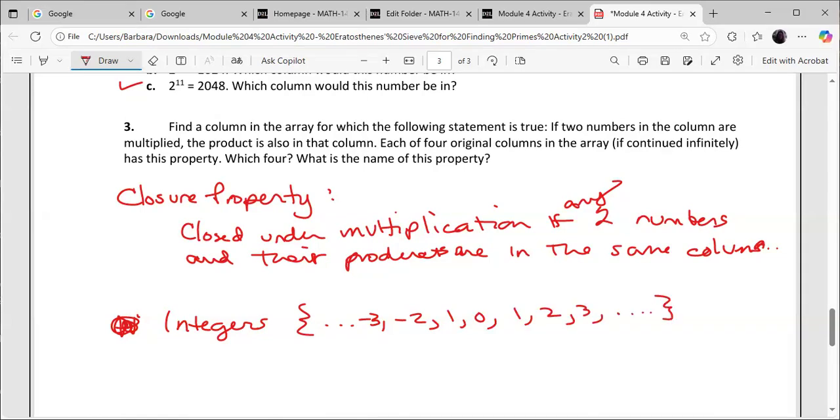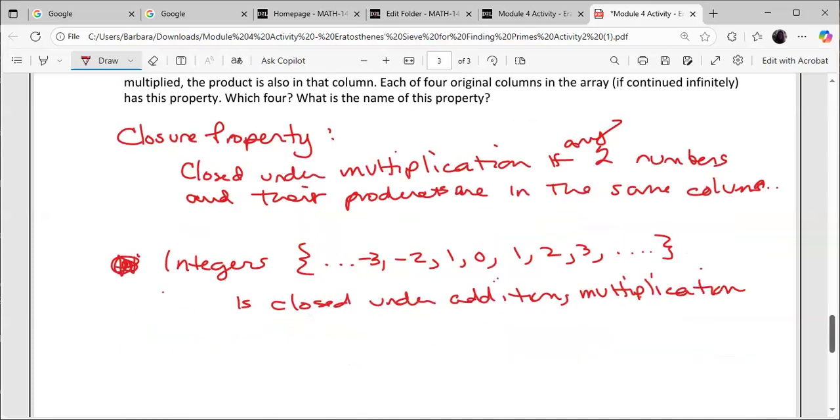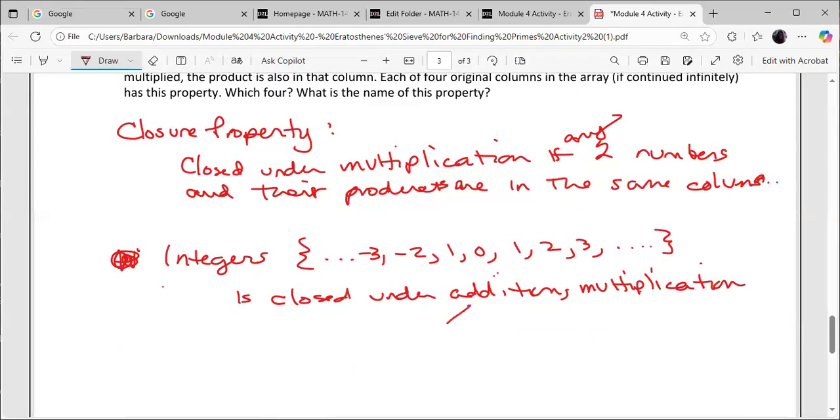The integers are closed under addition. If you take any two numbers in the set, their sum is also in the set. They're also closed under multiplication: any two numbers in the set, their product is also in the set. For addition, say negative 3 plus 5 equals 2, and 2 is also an integer.